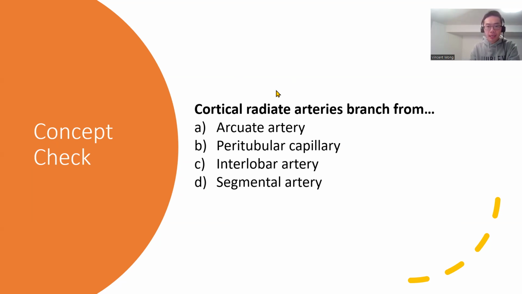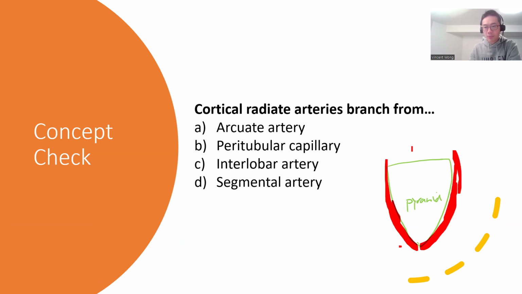Okay. So just to quickly refresh your memory again, this is the cone, this is the pyramid. Okay. And the ones on the side, those are the interlobar, arcuate, and then the cortical radii.